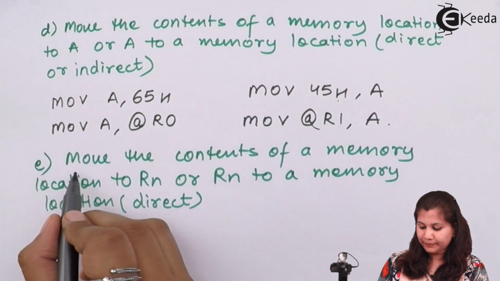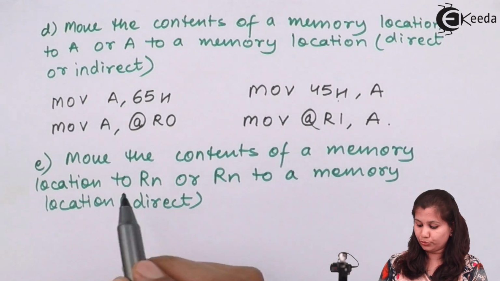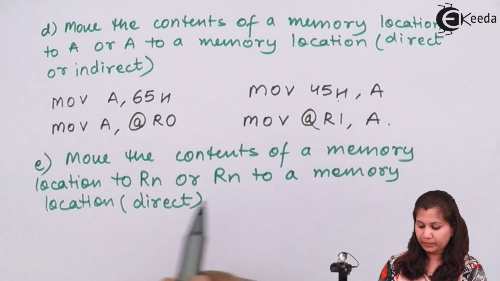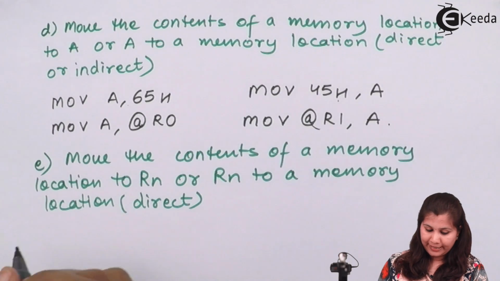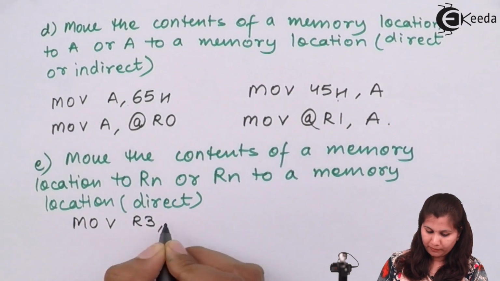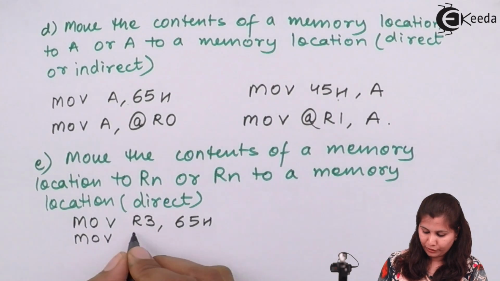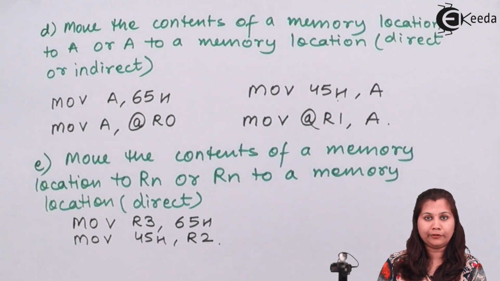Now next example is where we have to move the contents of a memory location to the register, or the contents of the register to a memory location using only direct addressing. Okay, example of this is move R3, 65H and move 45H from R2.